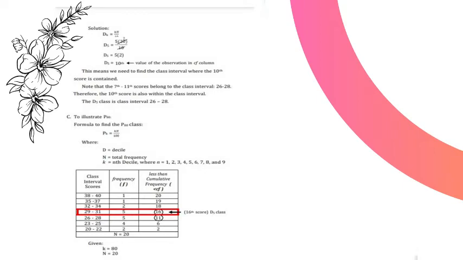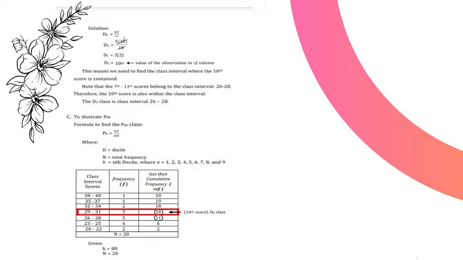D5 will fall on the 10th value of the observation in the CF column. So this means that we need to find the class interval where the 10th score is contained. Did you get it now?